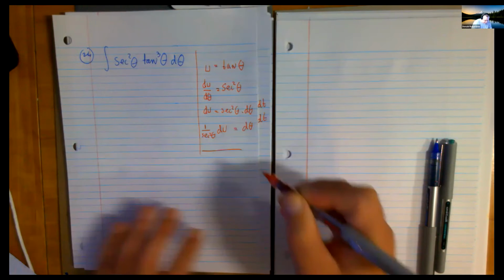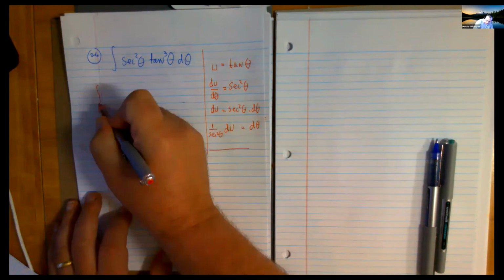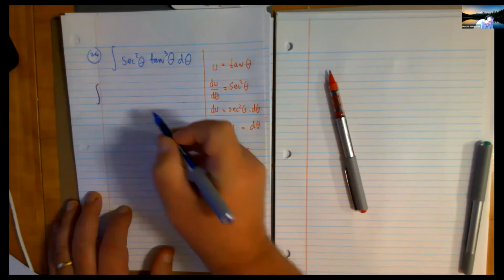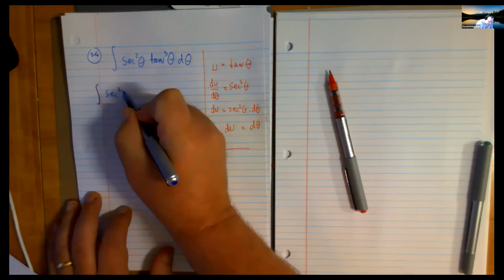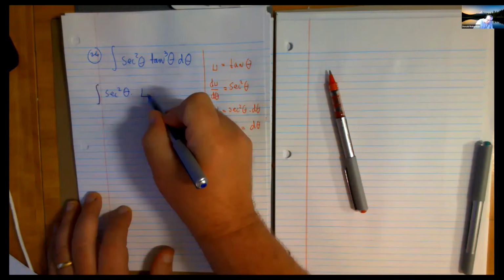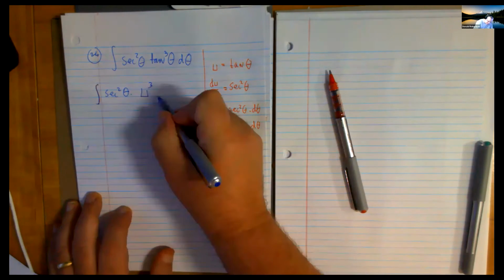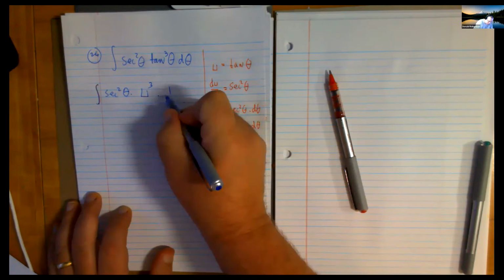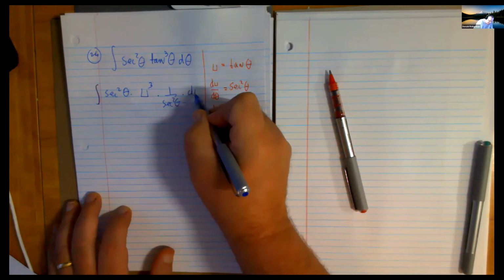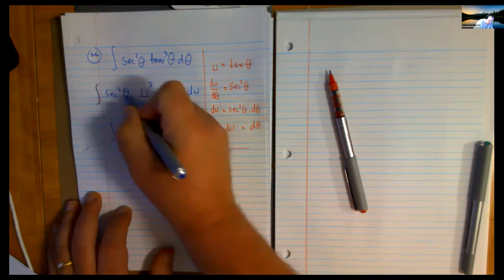Well, let's take this one a little bit further. We're going to have secant squared theta. Do you know, tan cubed becomes u cubed, and d theta becomes 1 over secant squared theta du, and nice cancelling.